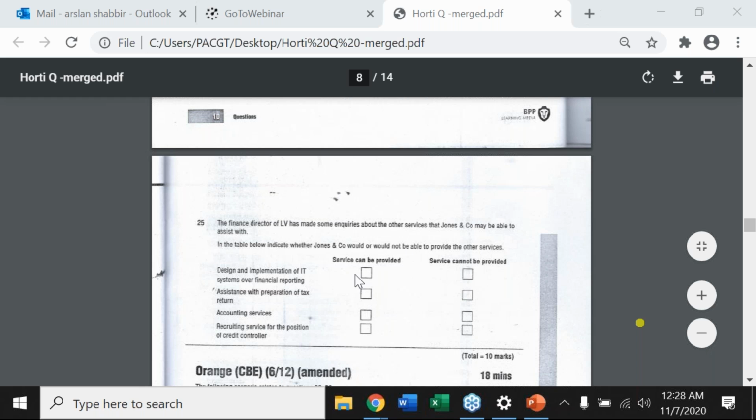So we need to define which services can be given by the firm to the client, and which services cannot be given.